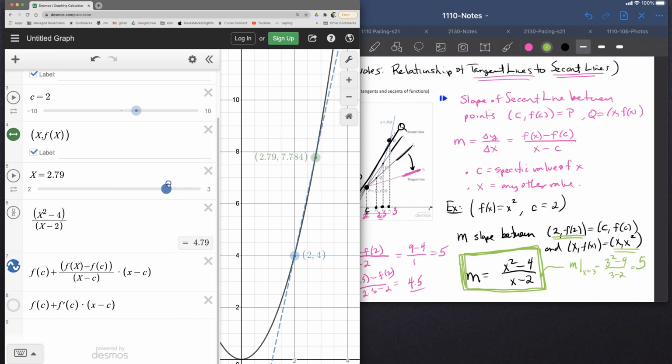The blue line is going to change as the x value, the green dot, gets closer and closer to the point. The slope of the secant line keeps changing. The question is, what happens as x gets closer and closer to the point of interest, the point that we have specified at (2, 4).